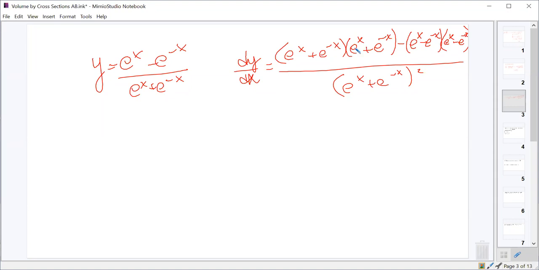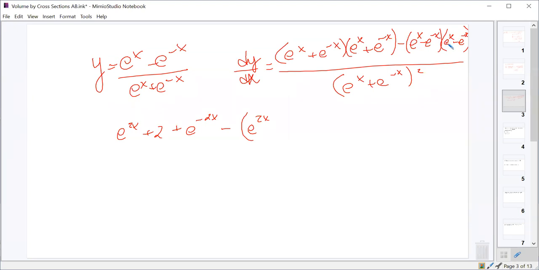So I distribute out my numerator. E to the x times e to the x is e to the 2x. E to the x times e to the negative x is e to the 0, which is 1, with another e to the negative x times e to the negative x would be another 1, so that'd be plus 2. And then plus e to the negative x times e to the negative x is e to the negative 2x. And then I'd subtract everything in the next one, which would be an e to the 2x. And then the e to the x minus the e to the negative x.